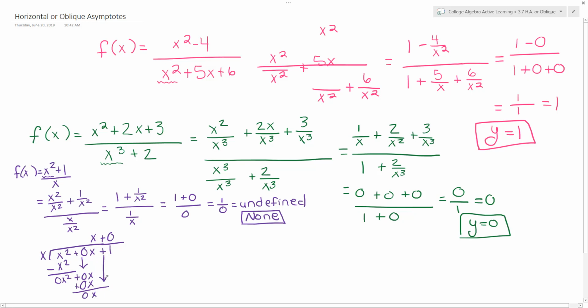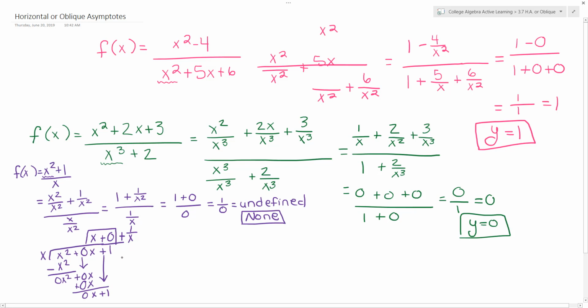And then I bring down, and I'm trying to divide x into 1, and it does not divide into that. So that is our remainder. And so normally you would take your remainder and divide it by your divisor, which is x in this case. And so we're left with the quotient x plus 0, and with the remainder 1 over x.